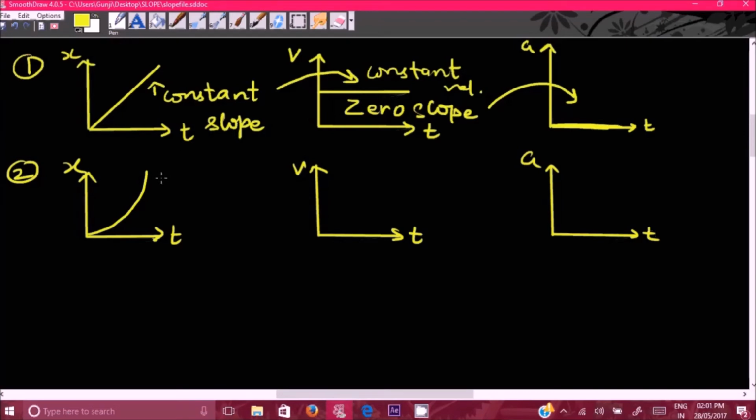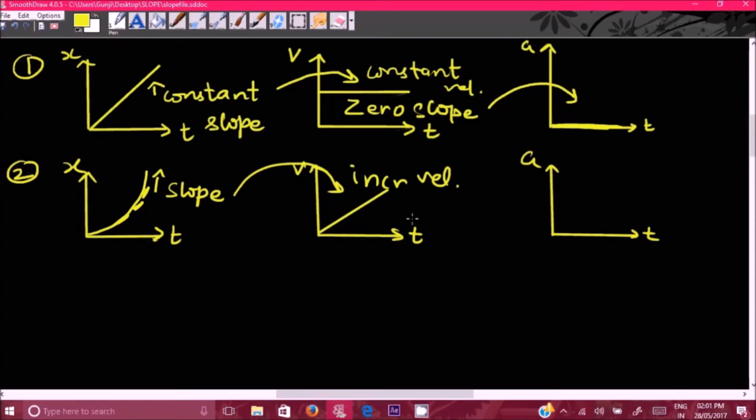The slope of displacement versus time graph gives the value of velocity. This graph has an increasing slope. The slope is increasing continuously. That means the value of velocity will increase. Increasing velocity, so the graph will be like this, a straight line.